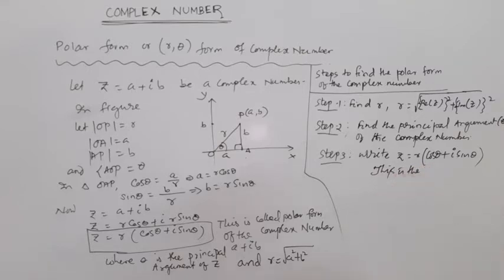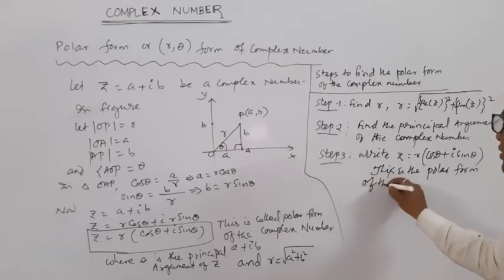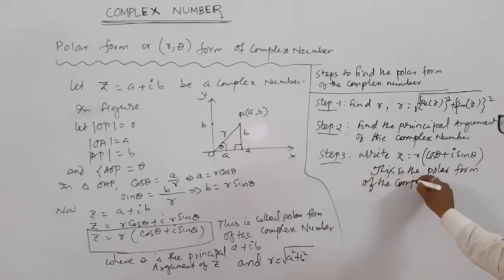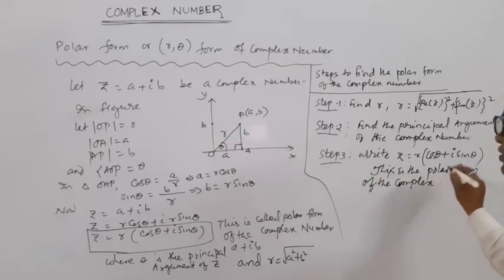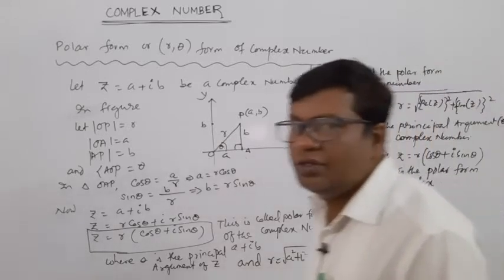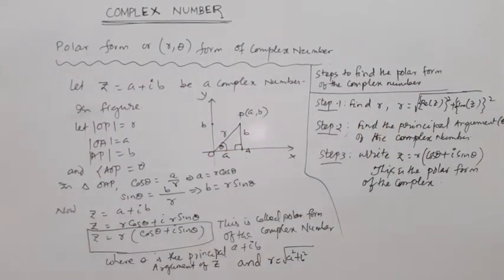Theta is principal argument, r is square root of real part square and imaginary part square. This is the polar form of the complex number.